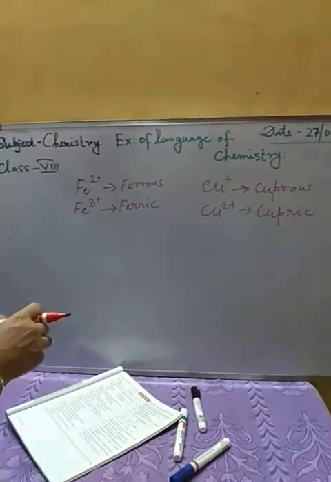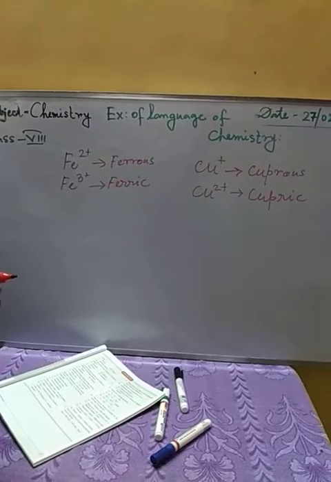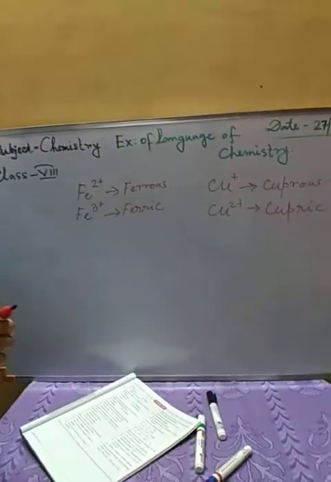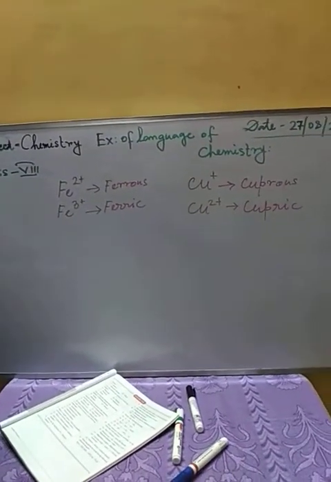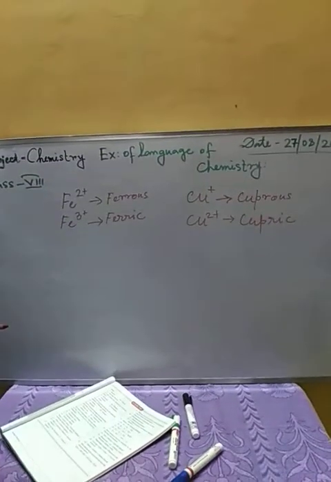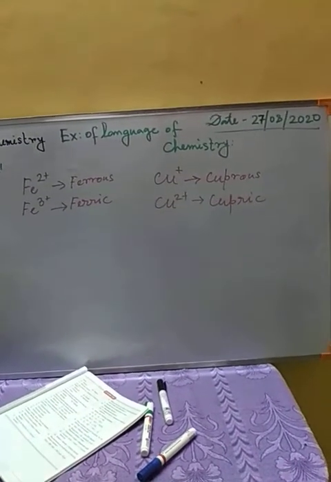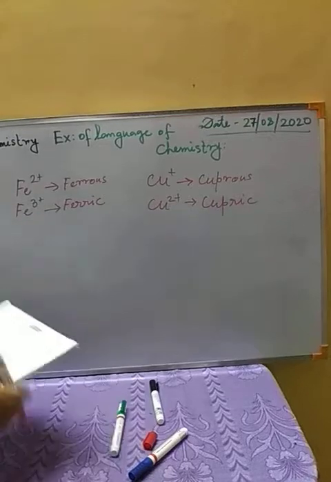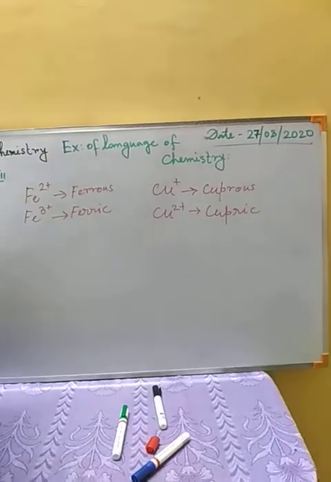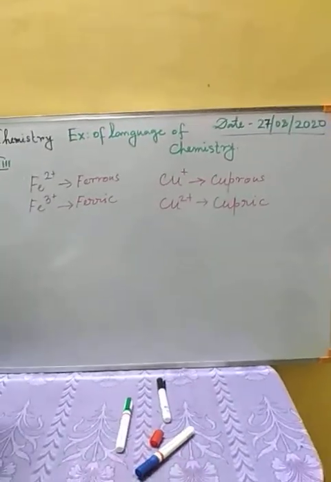Next, differentiate between reactants and products, and balanced and unbalanced chemical equation. This is where you are going to get it, I'm telling you. Question number 10. Reactants and products.